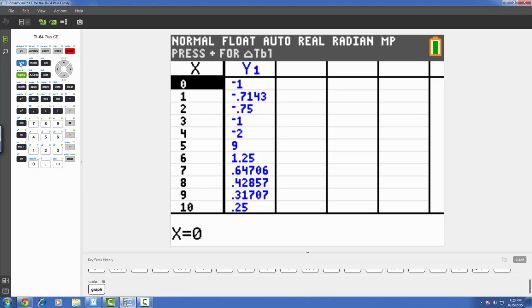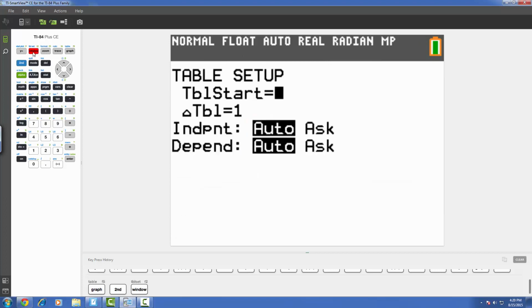We want to fix that and show some of those previous values to the left of 0. So we hit second, and then table set, and set this to something negative, like maybe negative 10.